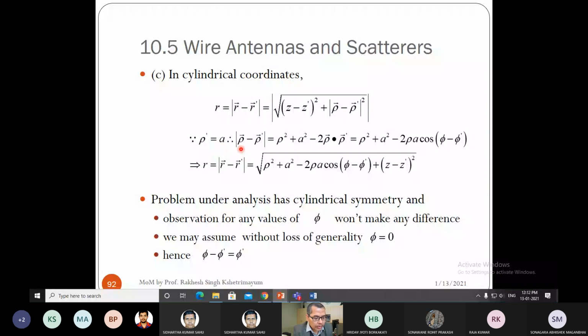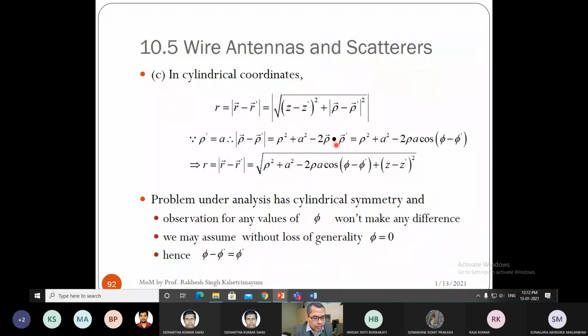So if I want to find the modulus of rho vector minus rho dash vector, I can find it like this: rho square plus A square minus 2 rho vector dot product with rho dash vector. What is rho? Rho is the distance of the observation point from the axis of the cylinder, and A is the radius of the cylinder.